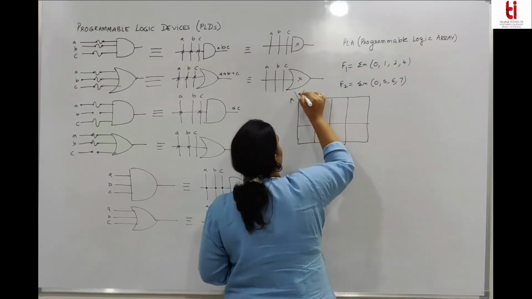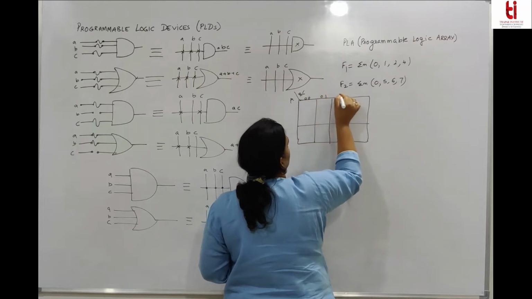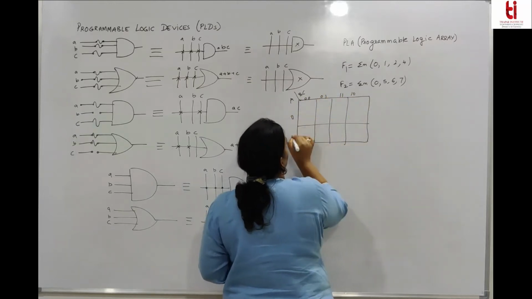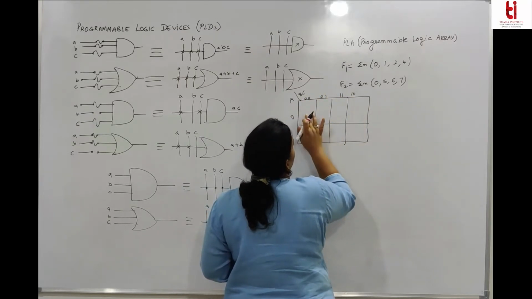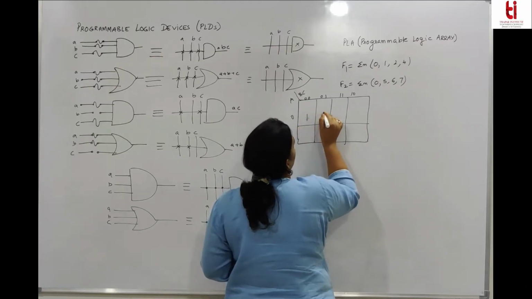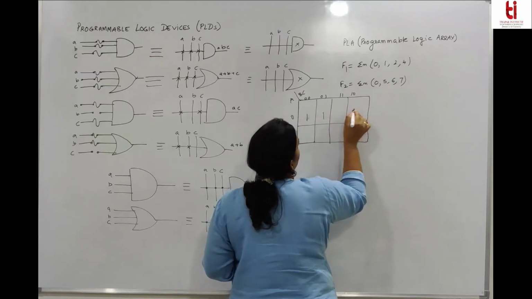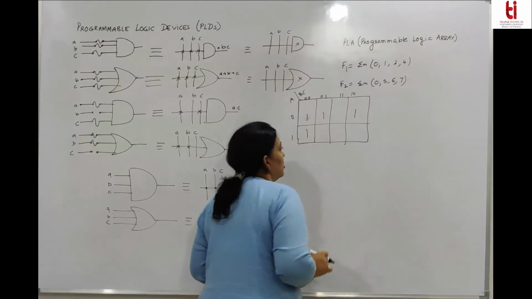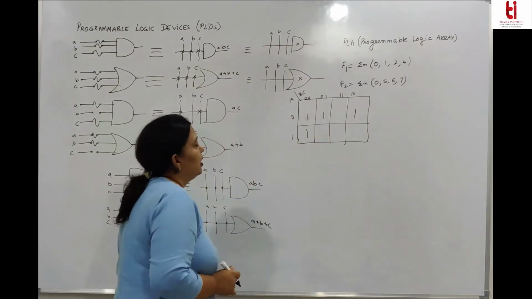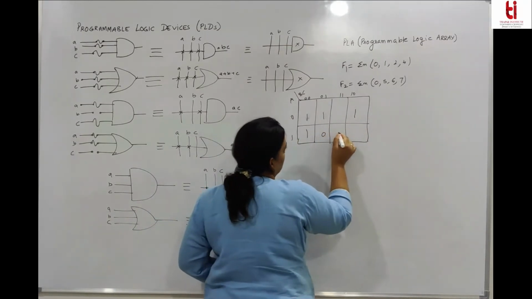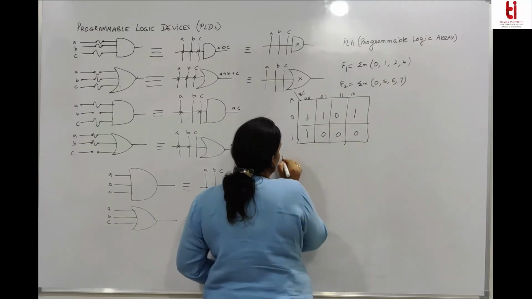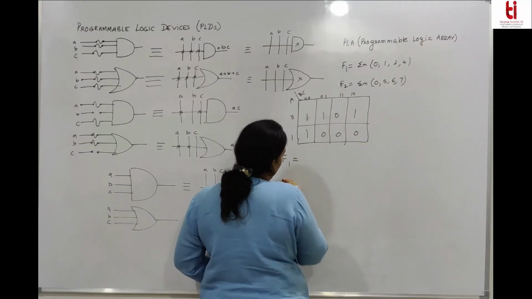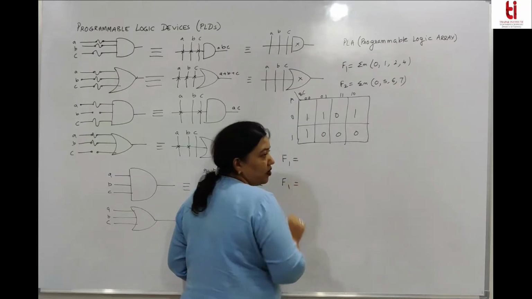If ABC are the variables, with minterms 0, 1, 2 and 4, these are the inputs. So you have to write F1 in true form as well as F1 in complement form.